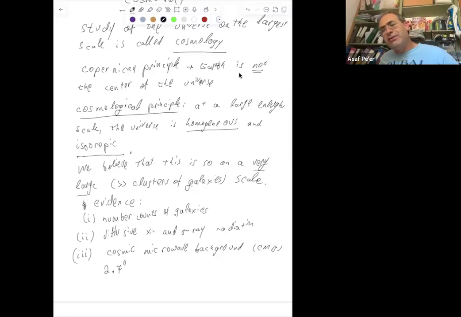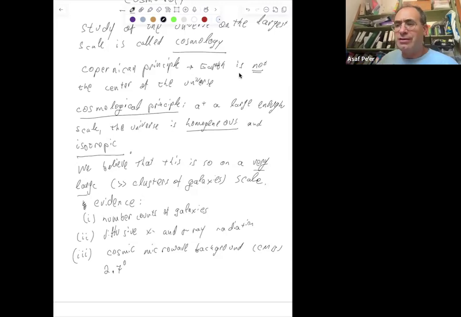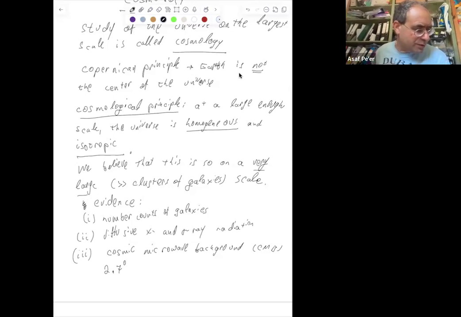But because the Earth itself is moving around the sun, and the sun itself is moving around the galaxy, and the galaxy itself is moving, we do see a dipole because of the relative motion of us relative to this background radiation. Okay, but this is still a very small deflection, something like 10 to the minus 3, so it doesn't really matter.